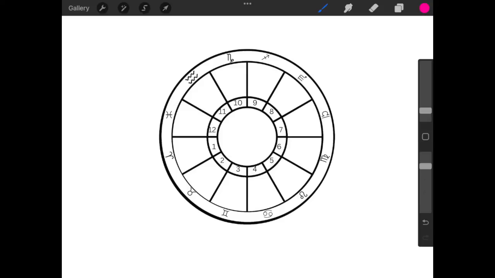So let's start by looking at the left hemisphere. Let's say, for instance, and this in no means does it mean that you don't have planets on the other side, maybe you have a planet over here on the right side, let's say 3. And then let's say that you have the bulk of the planets over here on the left side. We're talking about the left hemisphere of the chart. This is, of course, referred to as the left hand or eastern hemisphere of the chart.